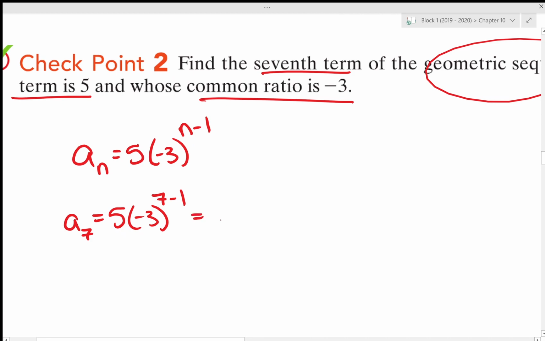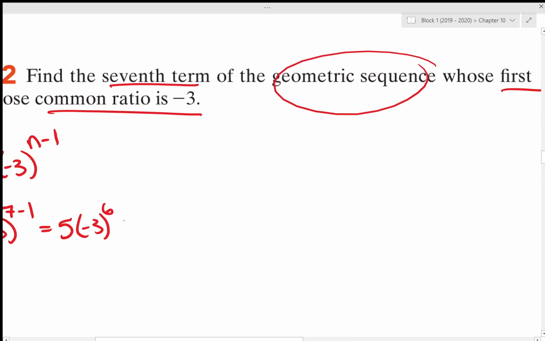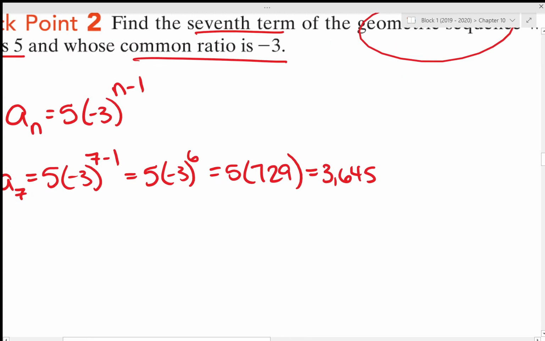So negative 3 to the 6th is going to give me 729. Positive 729 because it's an even power. So I'm going to get 3,645. So A of 7 is 3,645.